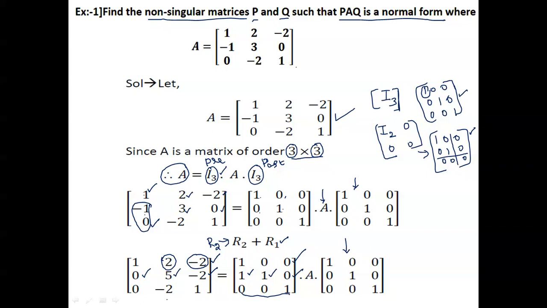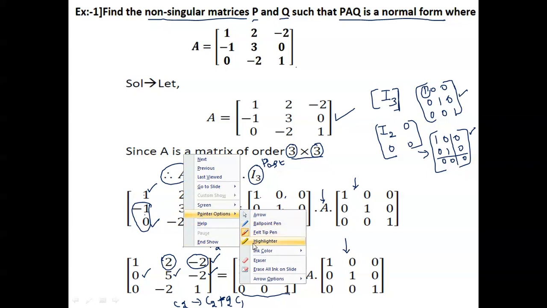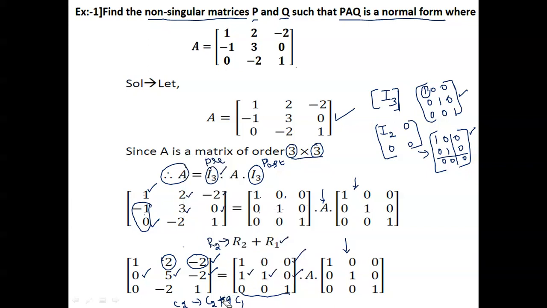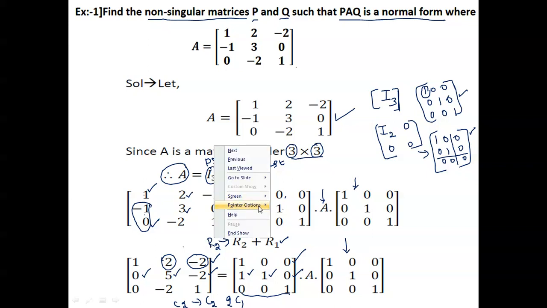So C2 tends to C2 minus 2C1. So 2 minus 2 into 1 is 0.